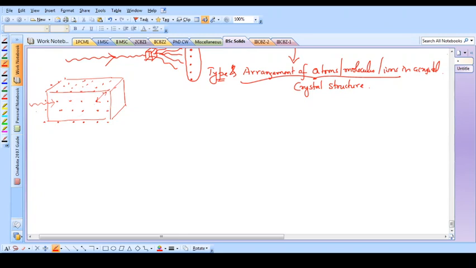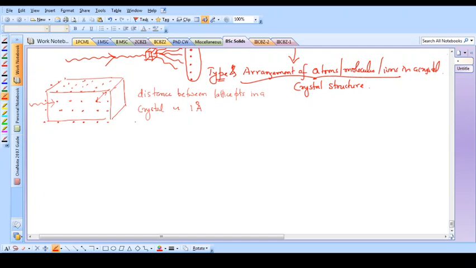The wavelength of the light should match the distance between the objects in the crystal, and the distance between lattice points in a crystal is roughly of the order of 1 angstrom.